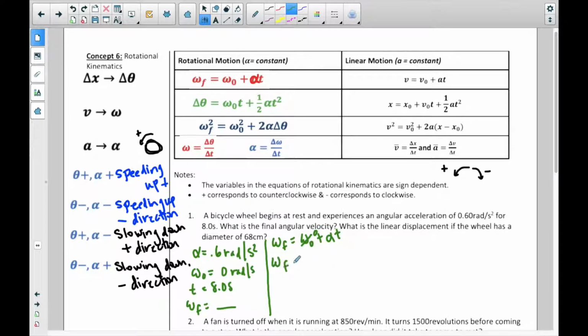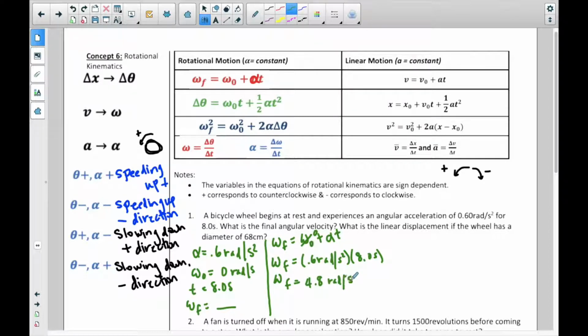So we have our final velocity is the acceleration, which is 0.6 radians per second squared, times the time, which is 8 seconds. And so we just need to multiply that out. And if you don't have a calculator yet, make sure you get a calculator so you can do these calculations as we go. This is one we can probably do in our head, we get 4.8 radians per second.